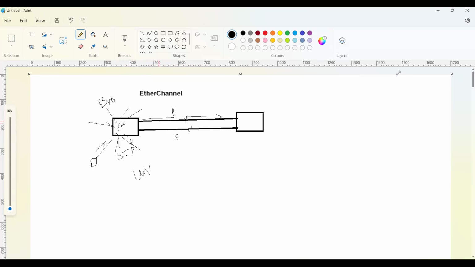This interface will get the information, and this interface will also get the information. Whenever the switch receives it, it will send it to all the connected ports, to every LAN segment or user.